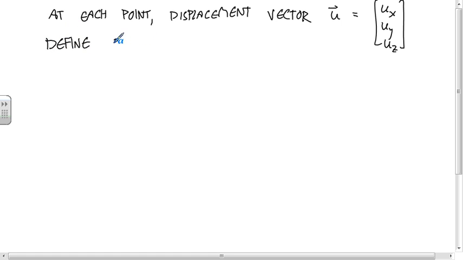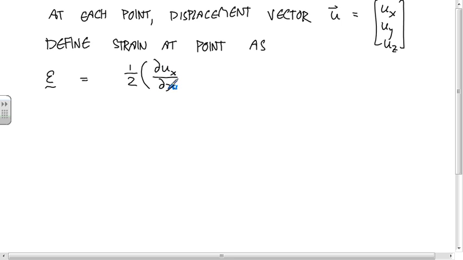So we'll define the strain at that point as epsilon equal to, so the 1,1 element is 1/2 times the partial of ux with respect to x plus the partial of ux with respect to x.